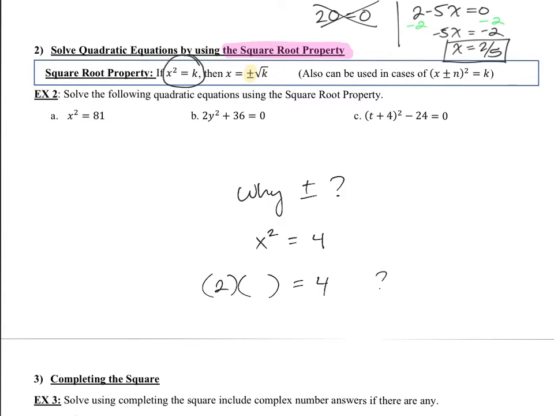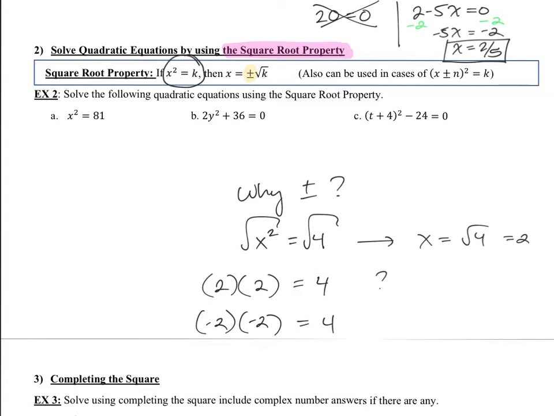Well, you might say 2, right? 2 times 2 is 4. But I'm going to argue with you, there's one other answer. That answer is negative 2. So if you tried to use the square root property and you took the square root of both sides and you just said that x equals the square root of 4, which is 2, you would have left out one of the solutions, which is negative 2.